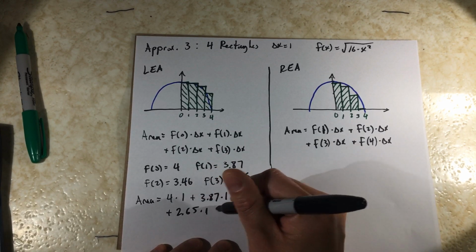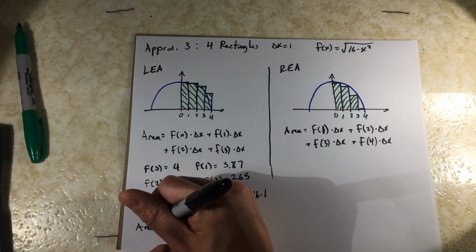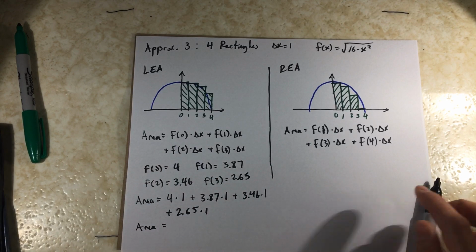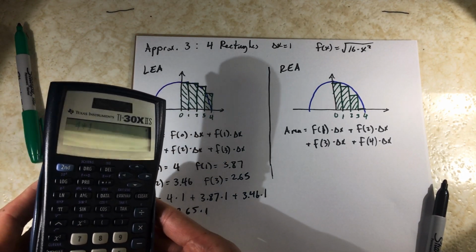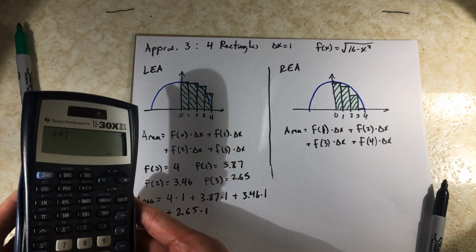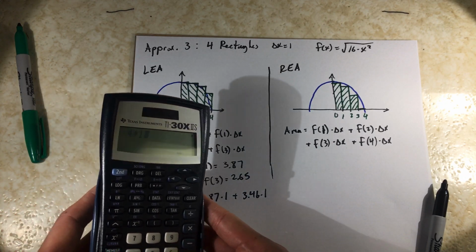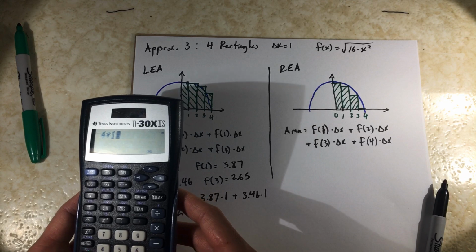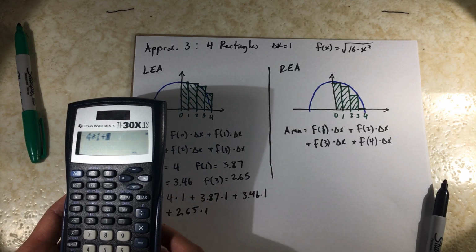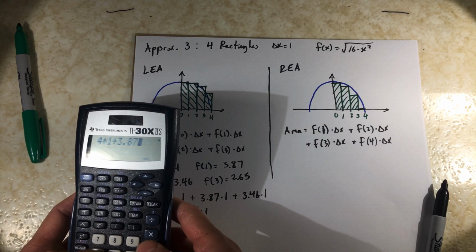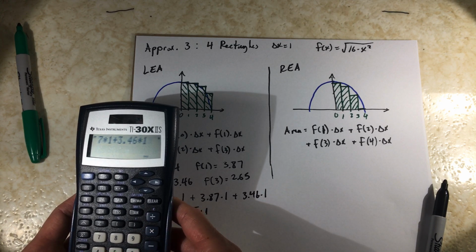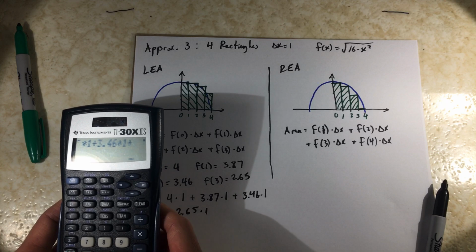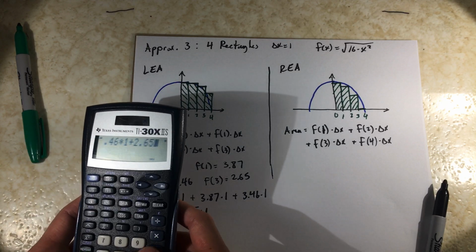When you do all of that, this way is probably easier: 4 times 1 plus 3.87 times 1 plus 3.46 times 1 plus 2.65 times 1.